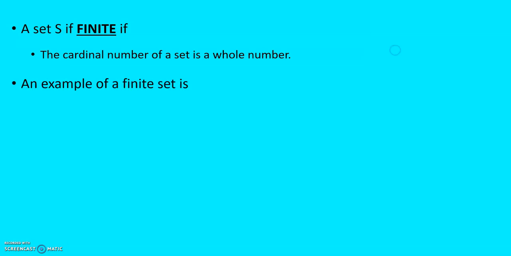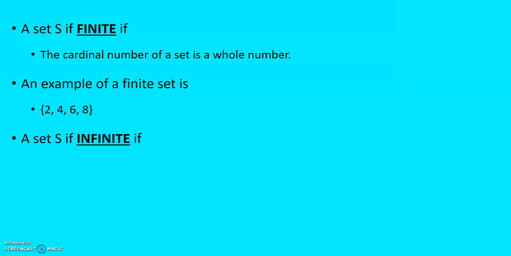A set S is finite if the cardinal number of the set is a whole number. An example of a finite set is the set {2, 4, 6, 8}. The cardinality of that set equals 4, which is a whole number.